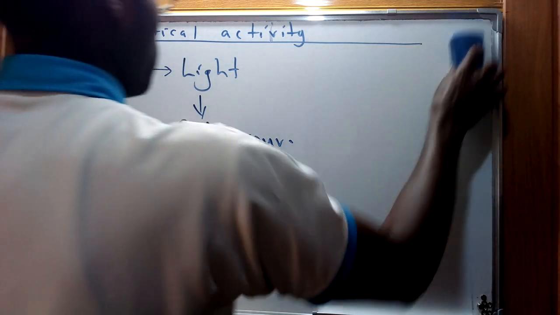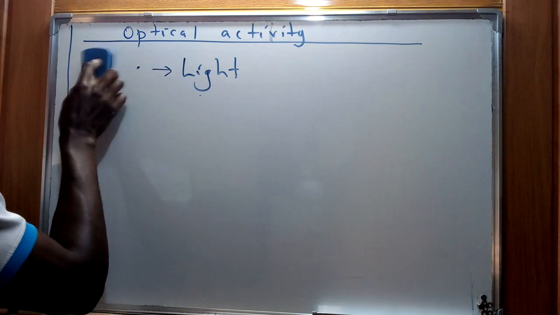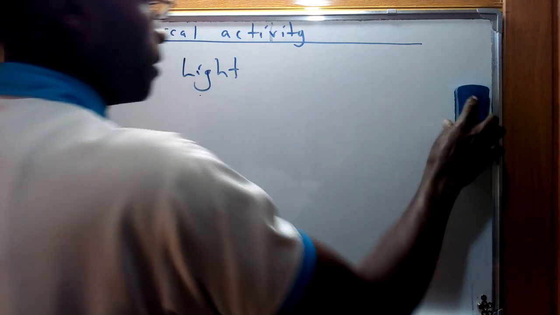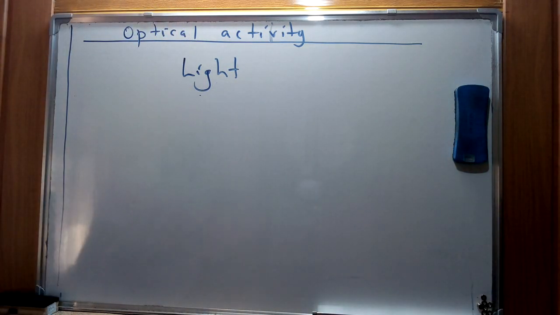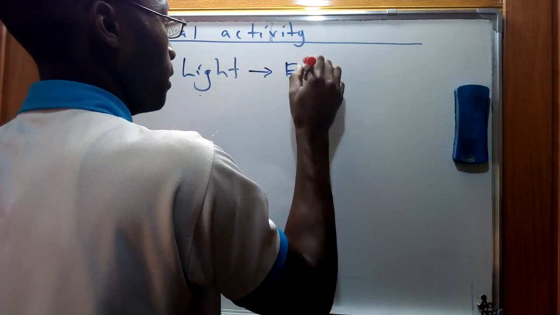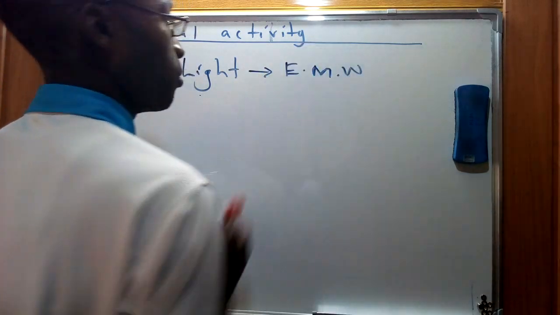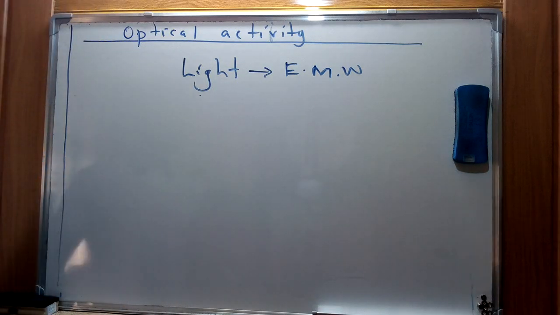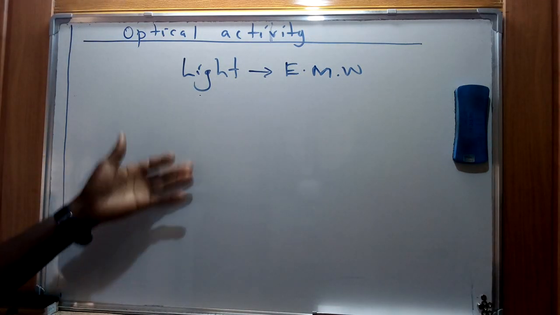Therefore, from this aspect of light, we have discussed earlier in some of our videos in physics that light is a form of energy, which is a form of electromagnetic waves. I'm just going to write that in those specific initials for the sake of space.